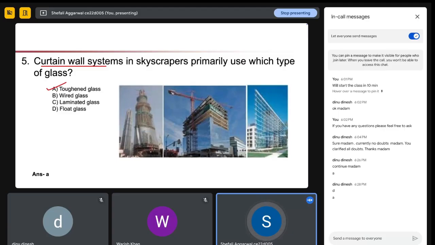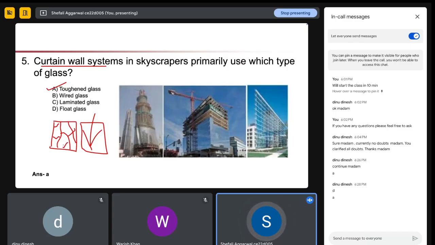Why are we using tempered glass and not normal float glass? If you remember, there is a difference in how these two types of glass break. Float glass has a brittle nature and will suddenly break down, and in Teflon glass, first cracks will be forming and then only it will break down.